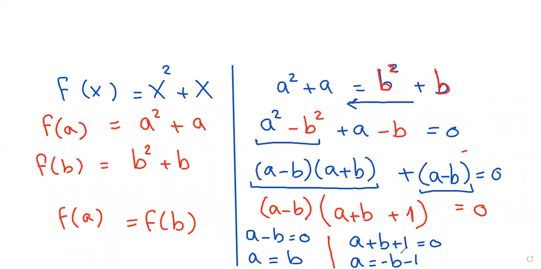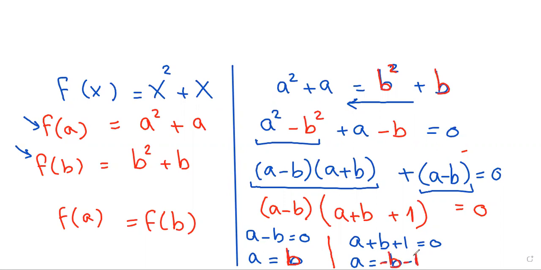That gives us a sign that we might find two y's, two points on the y, and they are two images, f of a and f of b, for two values on x, because a equals b, and a equals negative b minus 1.